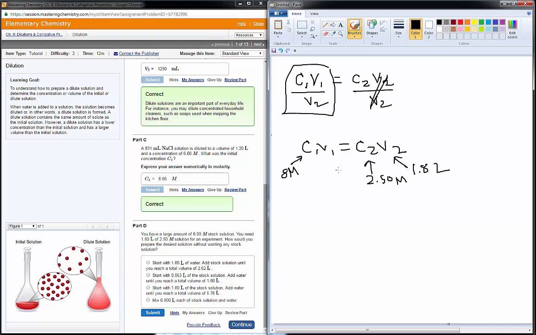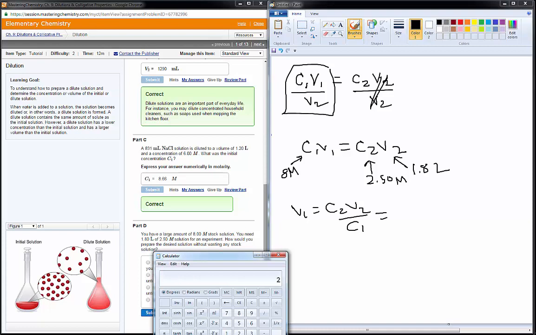And they want to know, how can I make it without wasting any stock solution? Well, I can solve for V1 here. V1 is going to be C2 V2 over C1. And if I do that, you'll see 2.5 times 1.8 divided by 8, that my initial volume here is going to be 0.563 liters.